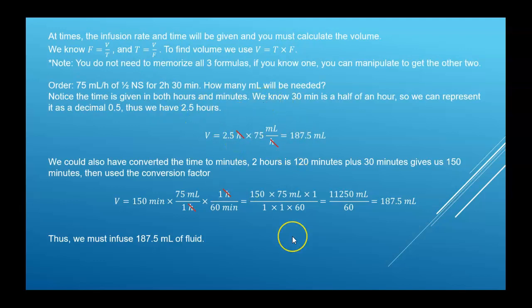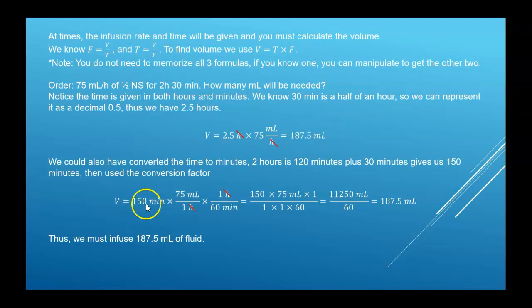Or you can use your 60-minute to 1 hour conversion factor. But to find the volume, like we said, time multiplied by the flow rate. 2.5 times 75, your hours cancel. It's 187.5 milliliters. So if you're going to run at 75 milliliters per hour for 2.5 hours, you're going to need at least 187.5 milliliters.